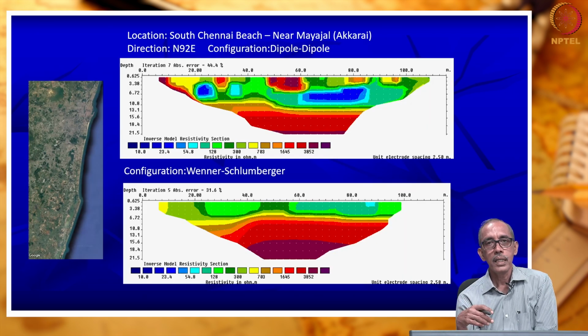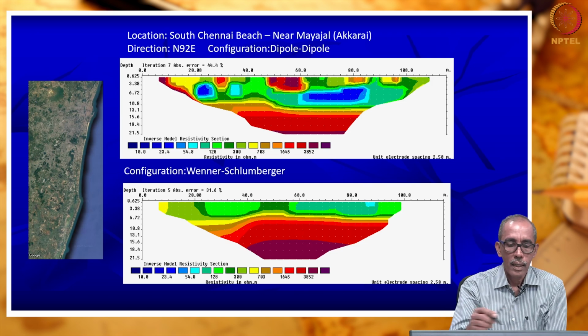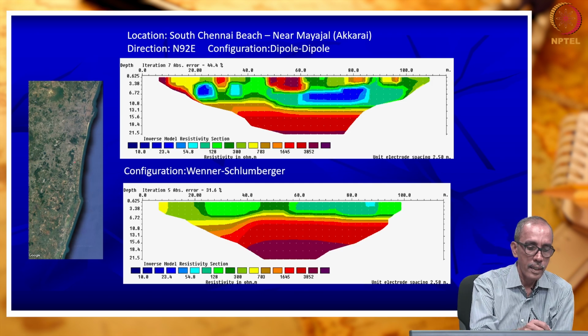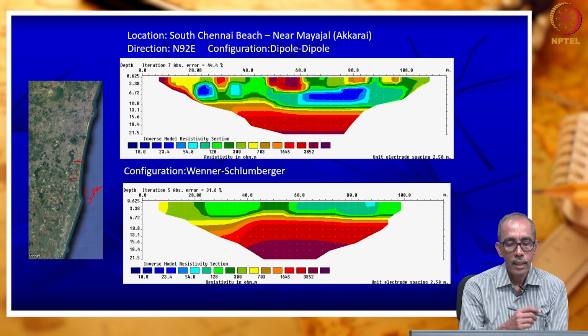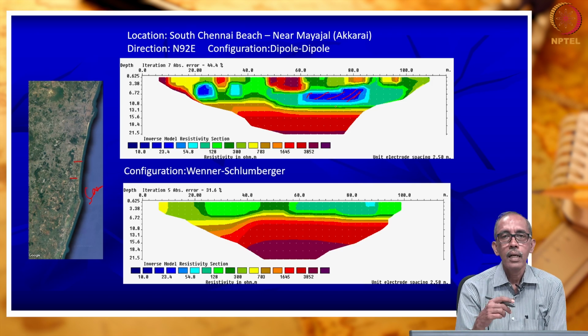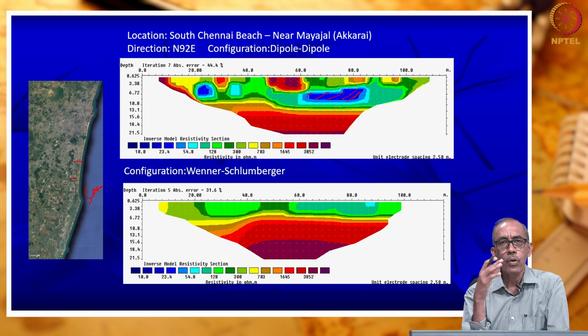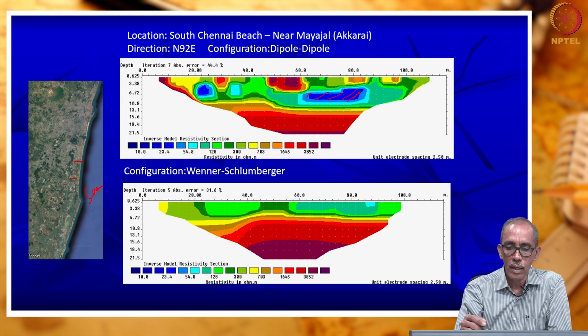Here you see an image of the earth's subsurface, right? This was taken at a site near Chennai, right? This is sea, right? On the other side is the land. The cross section helps us to understand the presence of water which has low resistivity. This is the earth surface, and beneath that you have groundwater.